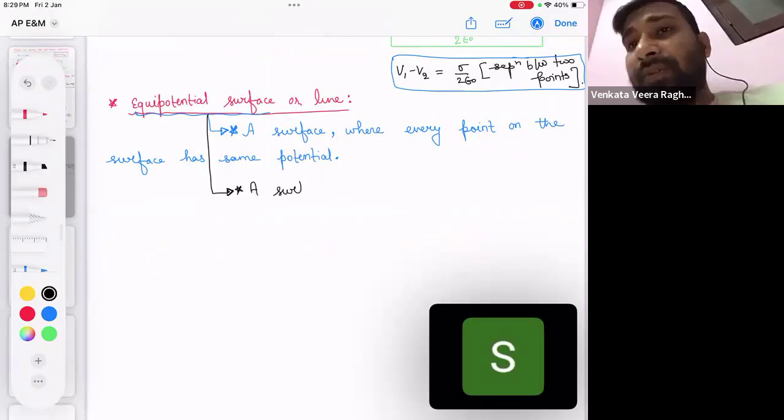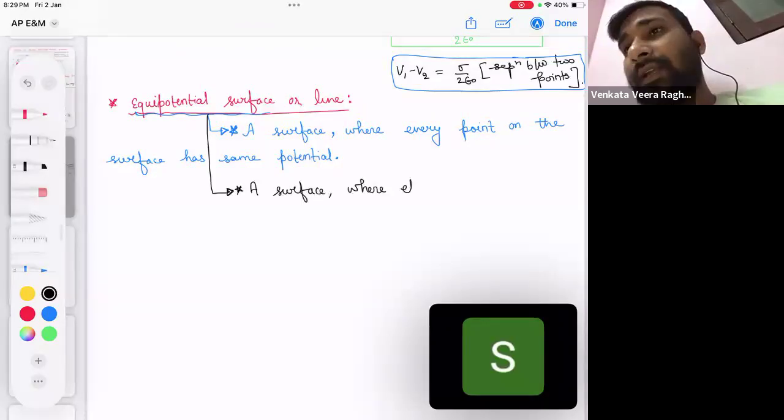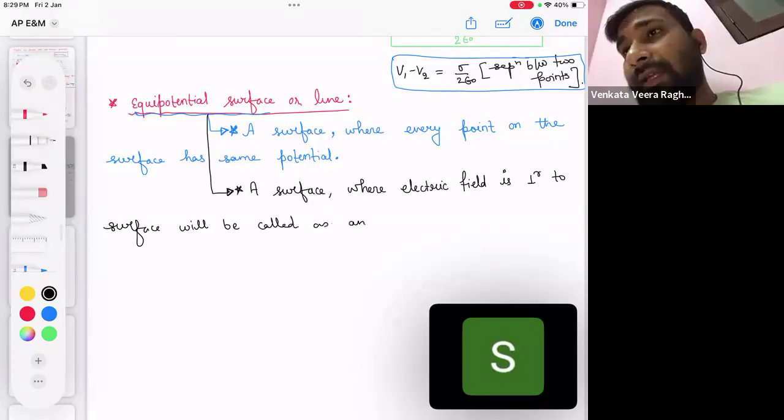So a surface where the electric field is perpendicular to the surface will be called an equipotential surface.